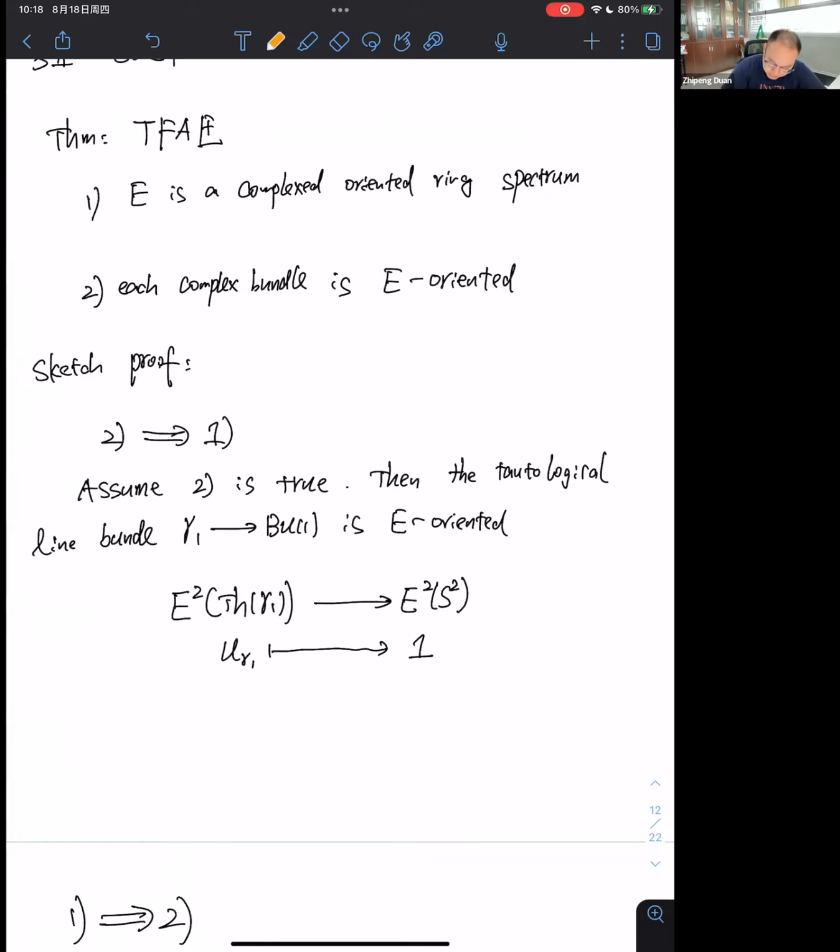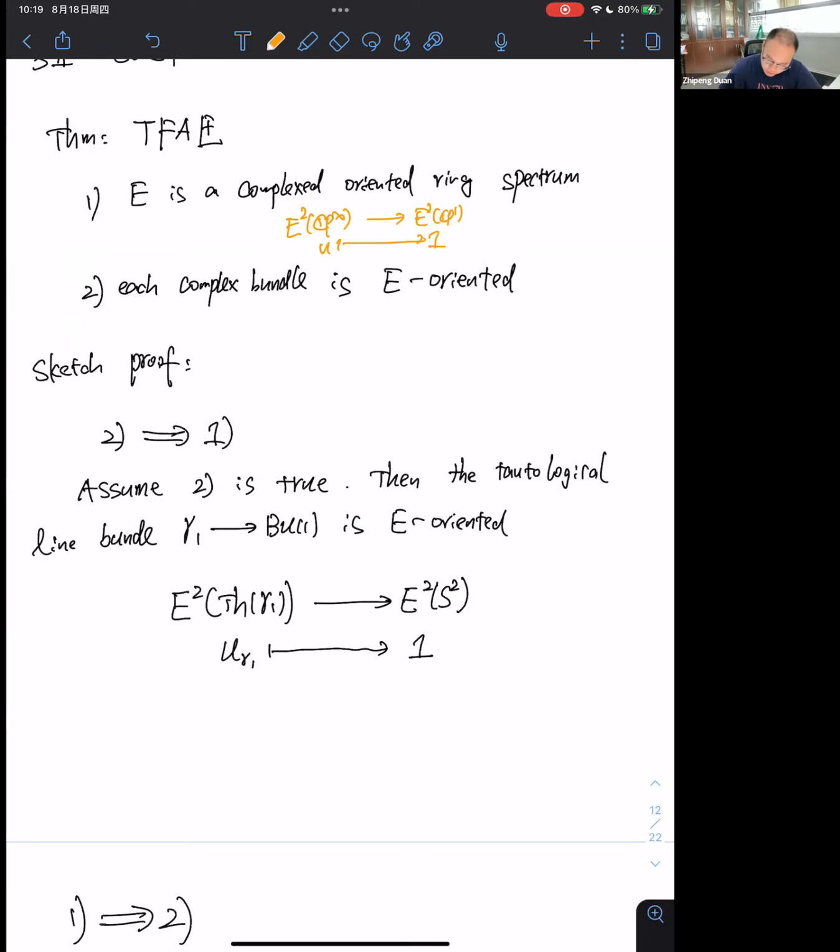This just means there is a class in E2 of CP infinity that maps to the unit in E2 of S2. This is my definition for a complex oriented ring spectrum. And the second one is Yutao's definition: each complex bundle is E-oriented. So why are these two definitions equivalent?